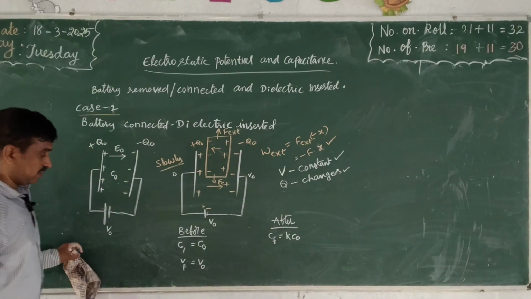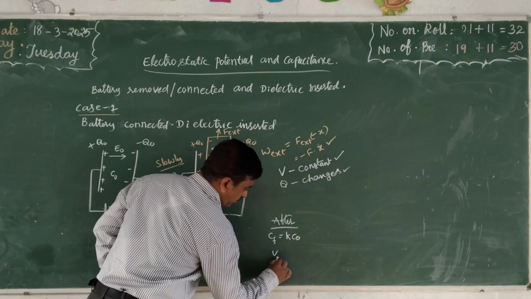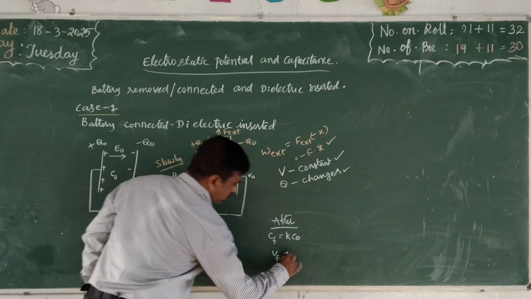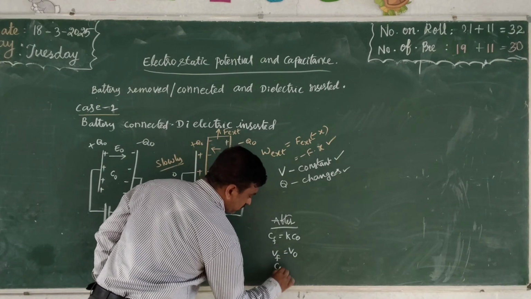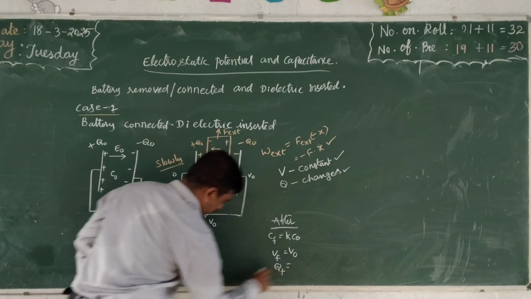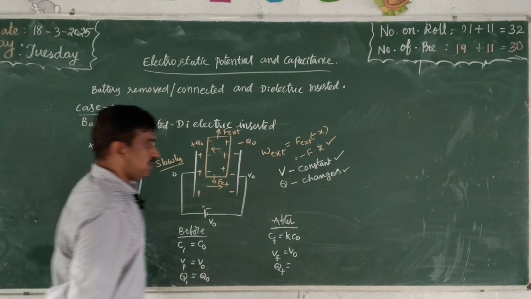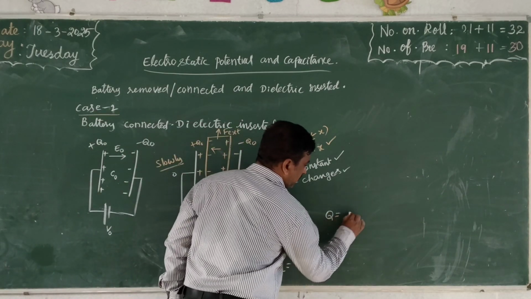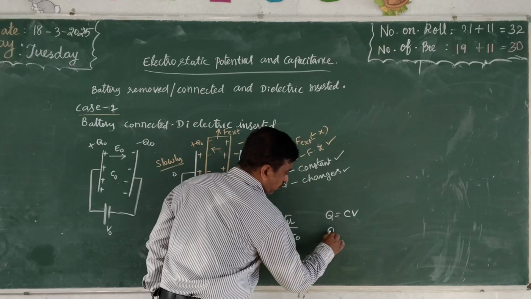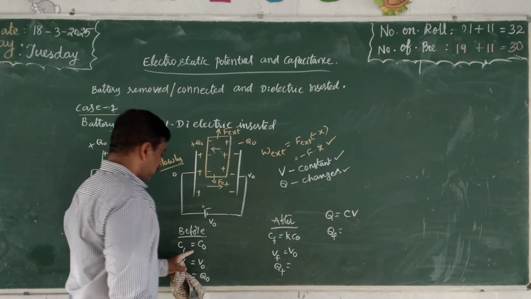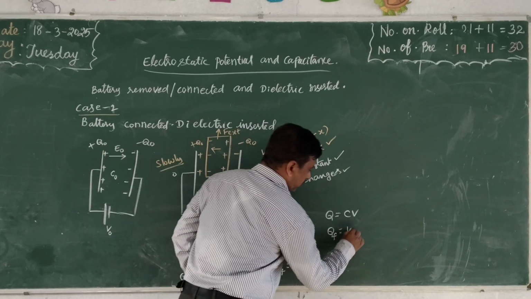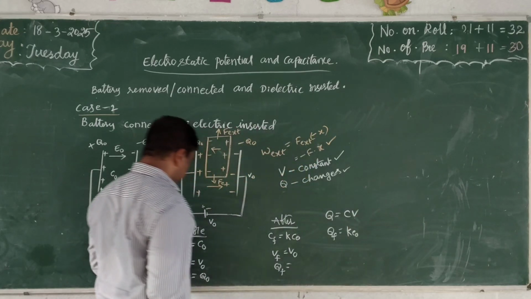Here the potential is the same, the final potential is also V naught. What about the charge? The initial charge is Q naught. The final charge: Q equals CV, where C is now K C naught and the potential is V naught.